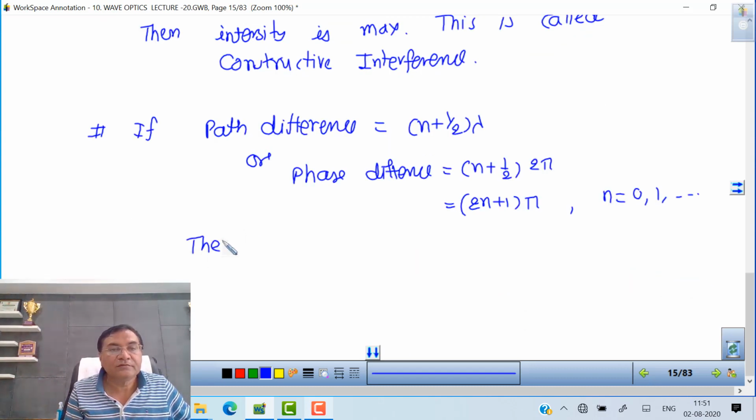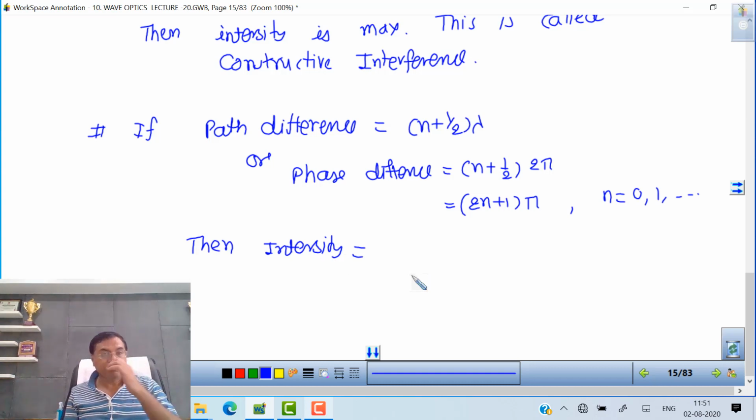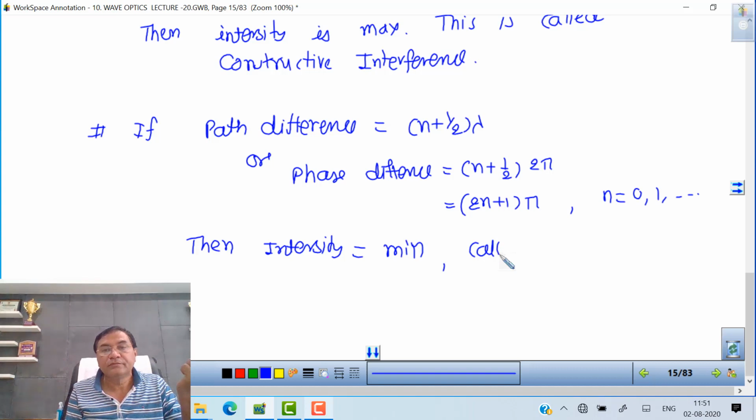Then intensity in this case will be 0, because both have the same amplitude. Otherwise it is minimum. Intensity is minimum, called destructive interference.